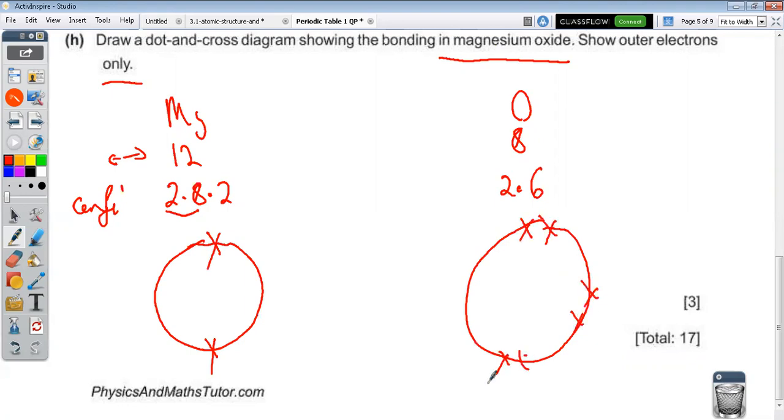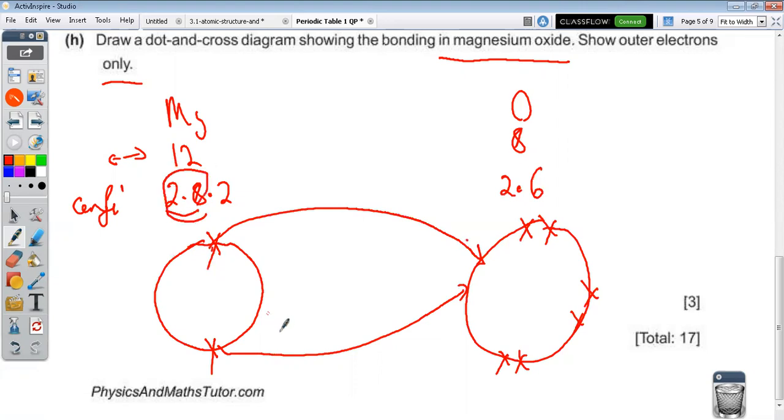Because a non-metal accepts electrons, the magnesium transfers its 2 electrons to the oxygen, so that I'm only left with the inner shells.